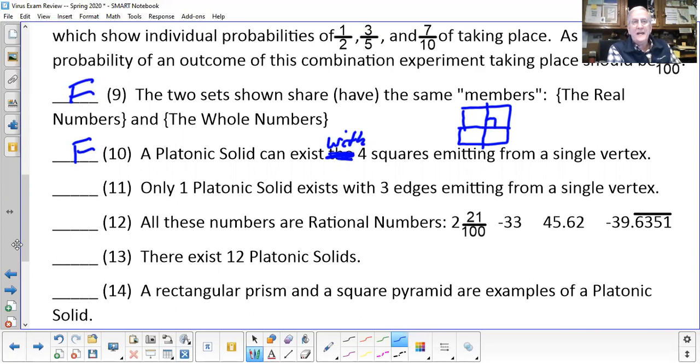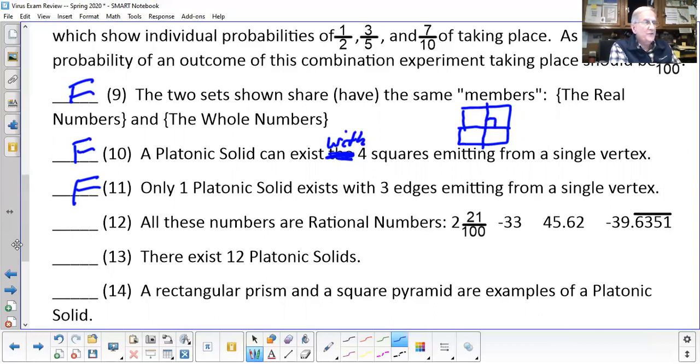But the answer to this, 3 edges emitting from a single vertex, happens in a cube, right? 3 edges emitting from a vertex also happens in a dodecahedron. In a dodecahedron, you have 3 pentagons meeting at a vertex. So you know right away that there has to be at least 2, so this cannot be the case, all right? So this is what? False.